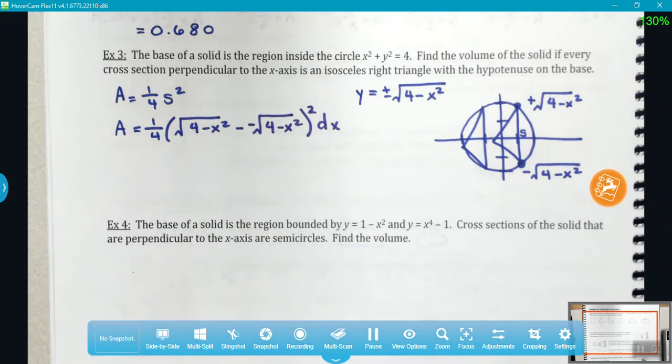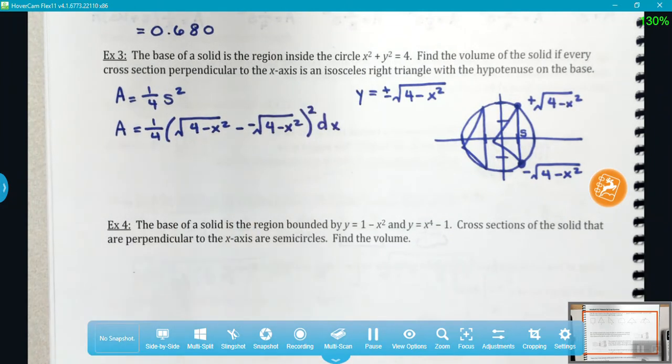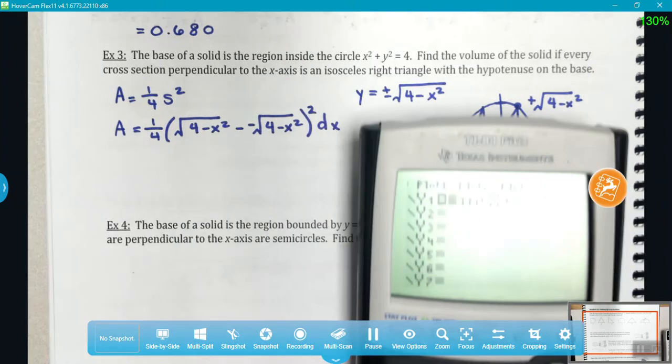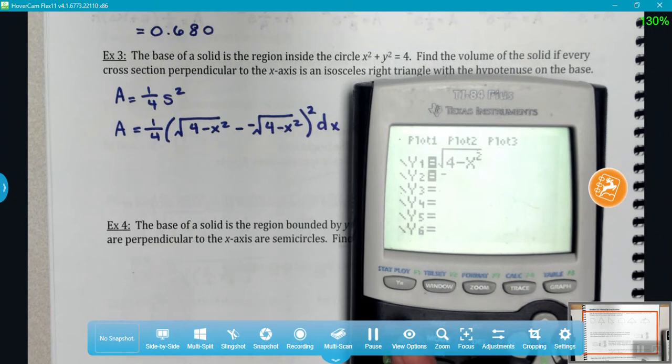dx. Okay, if you're solving this by hand, you can simplify it and then solve it by hand. If you're solving it with your calculator, you can leave it unsimplified and just plug in the positive root 4 minus x squared, the negative root 4 minus x squared.